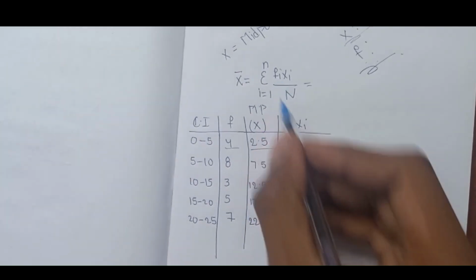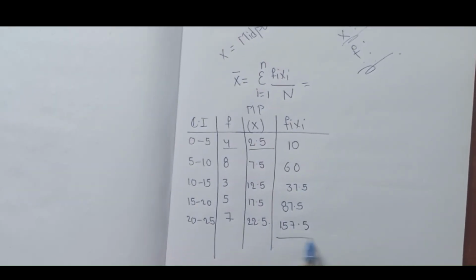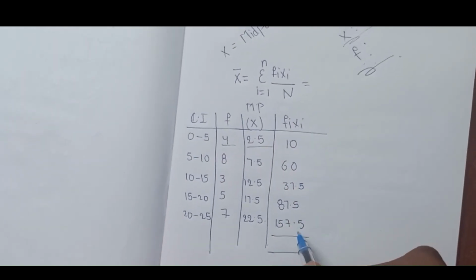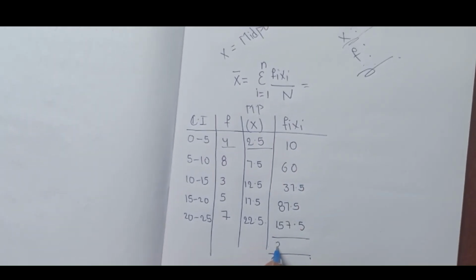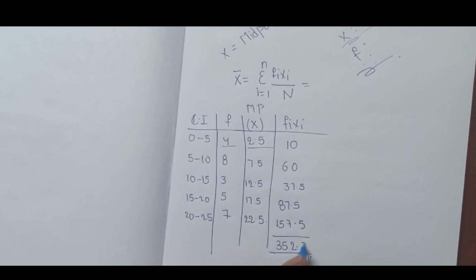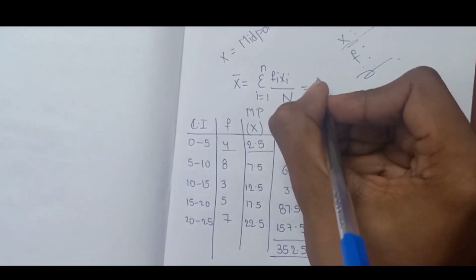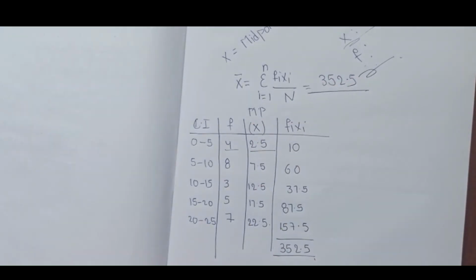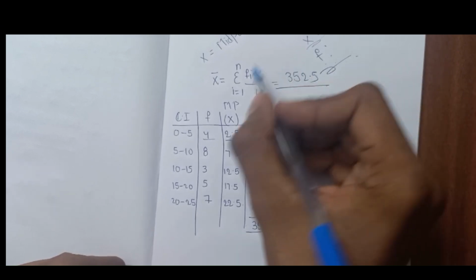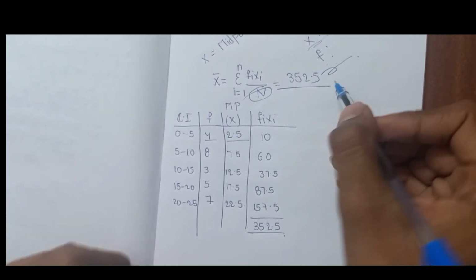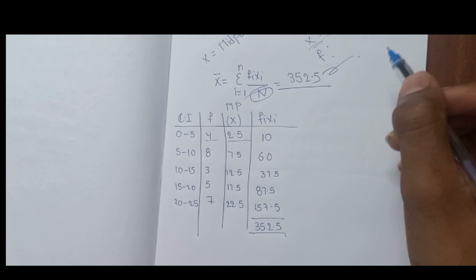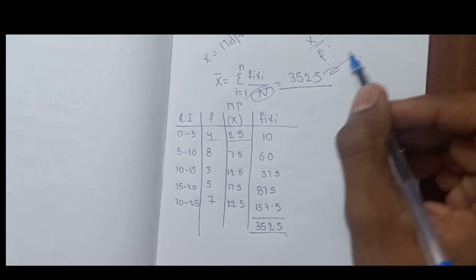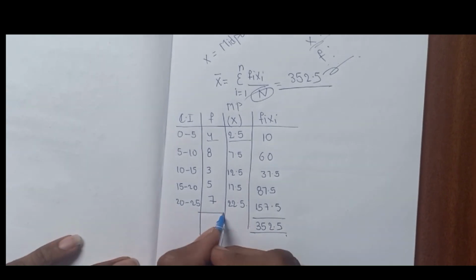Now the formula needs the summation of fi into xi. We add all these values. The sum of this is 352.5. And what is the value of n? Before, in finding the arithmetic mean in discrete series, we saw how to find n, that is the sum of the values of frequency.